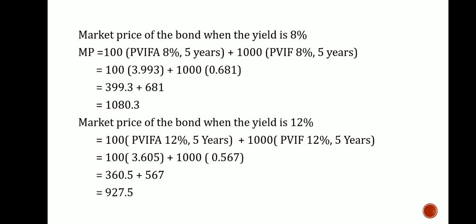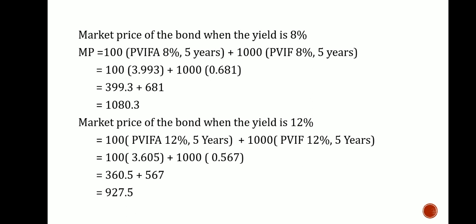Coupon rate is 10% and face value is 1000. Therefore, coupon amount is 1000 into 10%, that is 100 rupees. So, market price when the yield is 8% is equal to 100 into present value interest factor annuity 8% 5 years plus 1000 into present value interest factor 1 rupee 8% for 5 years.